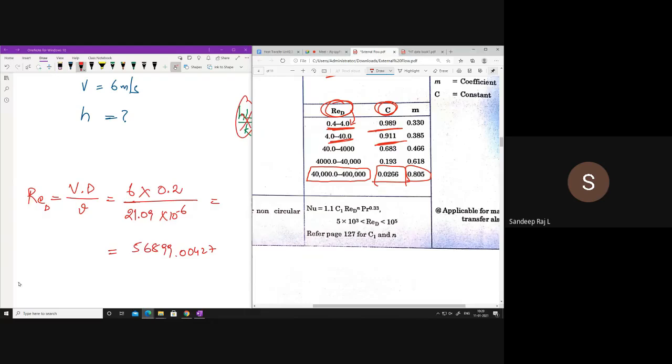From the data book, what you get is the C value is equal to 0.0266 and the m value is equal to 0.805.